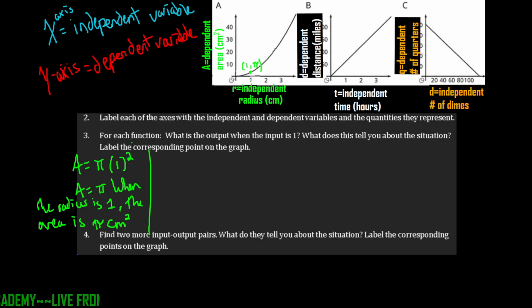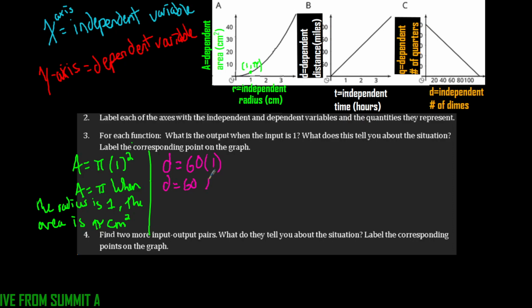All right, let's do a similar thing for the next one. For our graph B, we're saying the distance is equal to 60 times the number of hours, which is 1. So we're going to say D equals 60 as just our value.